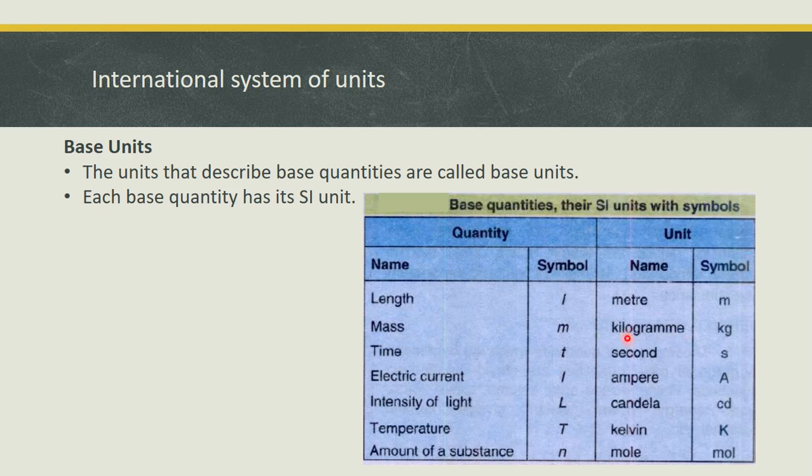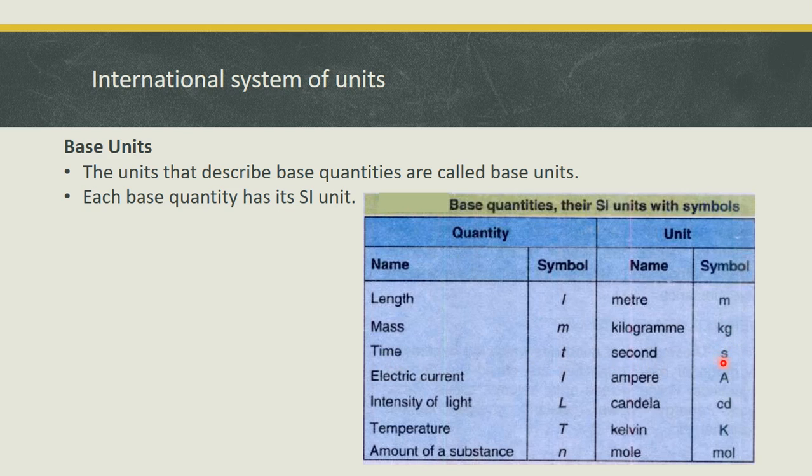The unit of mass is kilogram, kg. Basically its unit is gram, but the standard unit is kilogram. Similarly, time is measured in seconds, and its symbol is small s.